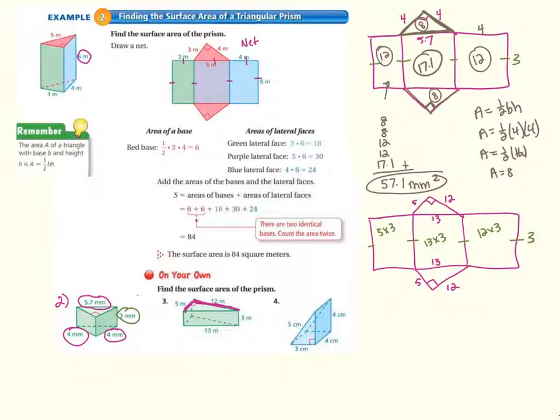For our triangles, we have to do area equals 1/2 base times height. The base is 5, and the height is 12 because they come together to form that right angle. So that's 1/2 of 60, which is 30.